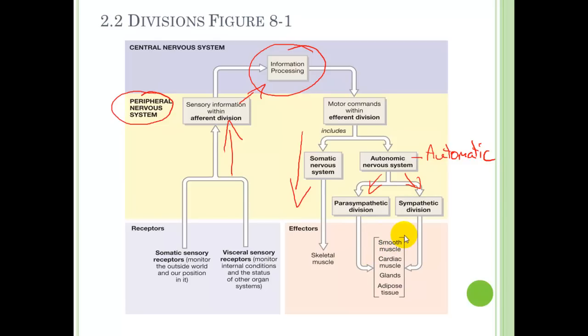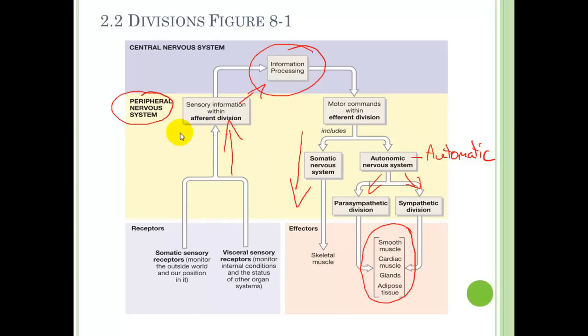And these work on smooth muscle, cardiac muscle, glands, and adipose tissue. So all of this stuff here that we would secrete, specific hormones or specific types of neurotransmitter, is all going to be done without conscious thought. It's going to be done automatically.